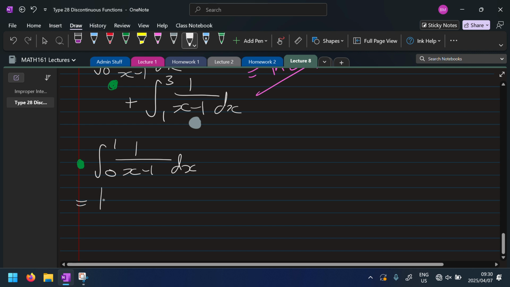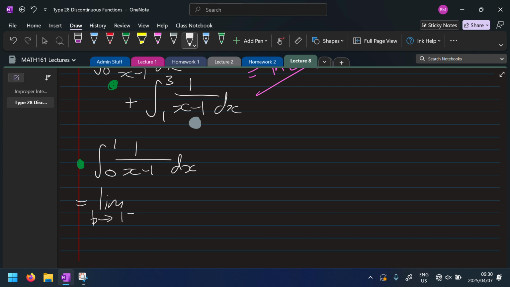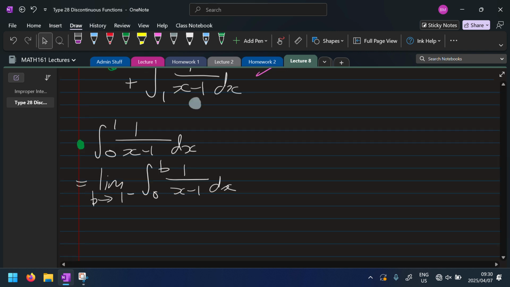So we're going to write this as the limit b goes to 1 minus, because we are less than 1. We're on the left-hand side of the asymptote. So this is the integral from 0 to b, 1 over x minus 1 dx. Okay, and then for the other one, it will be limit as b goes to 1 plus, because we're on the other side of the asymptote.